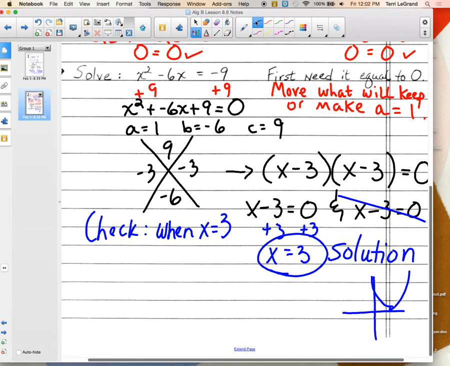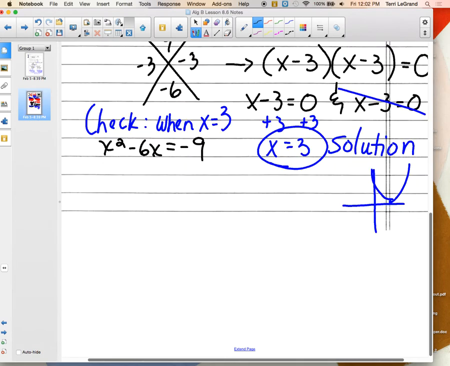Okay, let's write down our x squared minus 6x equals negative 9. Let's put it back into that one. If we put it into our modified one, will we get the same answer? You should, but it's always a good idea to make sure that you modified it correctly. It's not going to be equal to 0 this time; this time we'll just make it true.